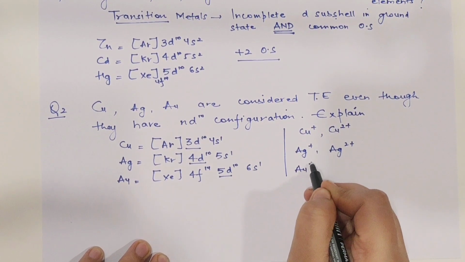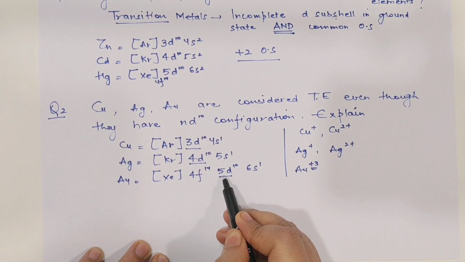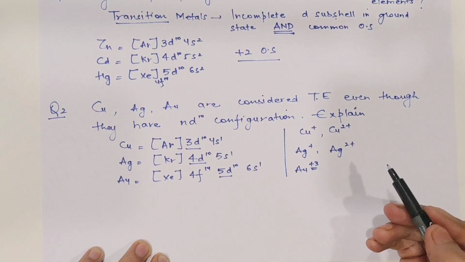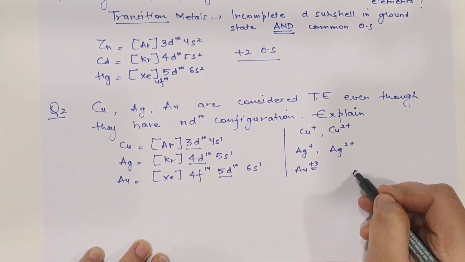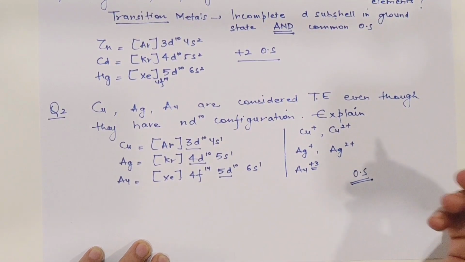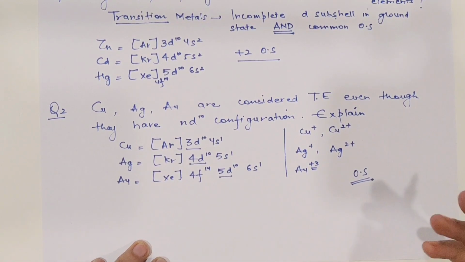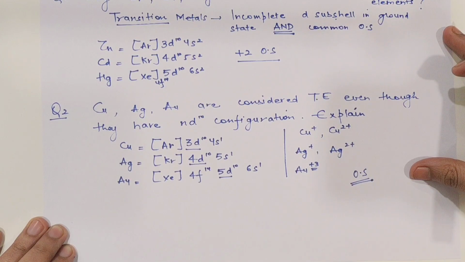Gold shows +3. So it would be 5d8 in +3 oxidation state. So there you have incomplete D subshell in the oxidation states. I hope you can write the configurations just like I said. All right, so this is about the definition of transition elements.